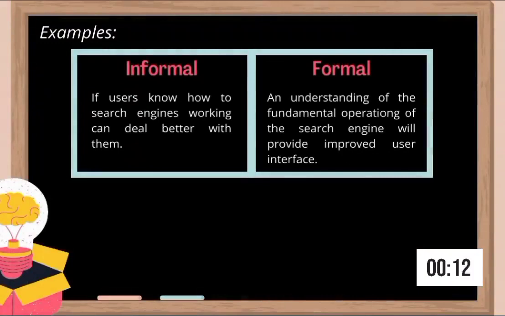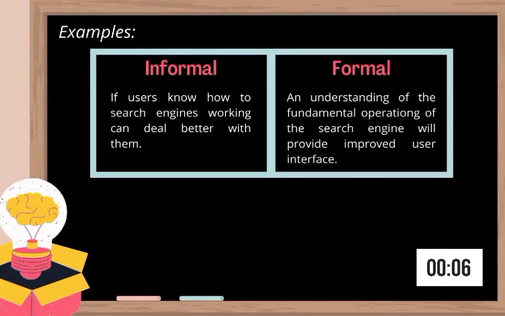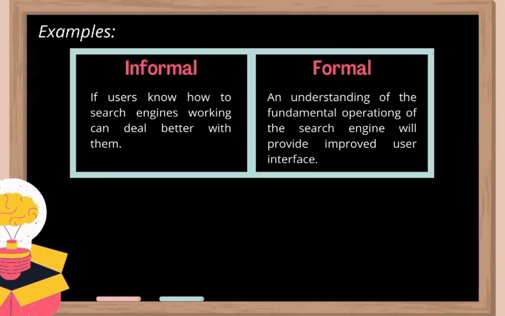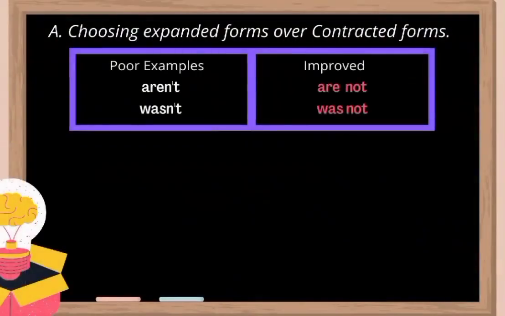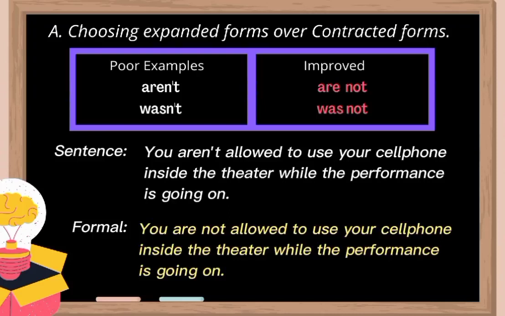Examples: choosing expanded forms over contracted forms. Example: you aren't allowed to use your cell phone inside the theater while the performance is going on. Formal: you are not allowed to use your cell phone inside the theater while the performance is going on.